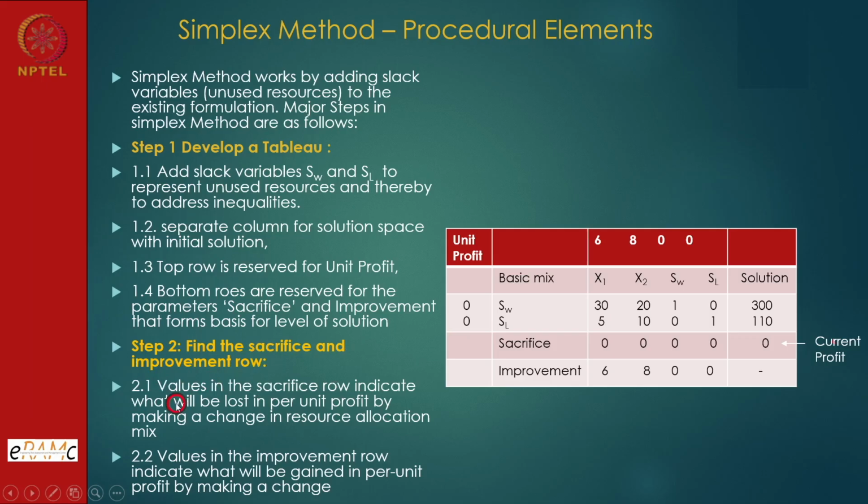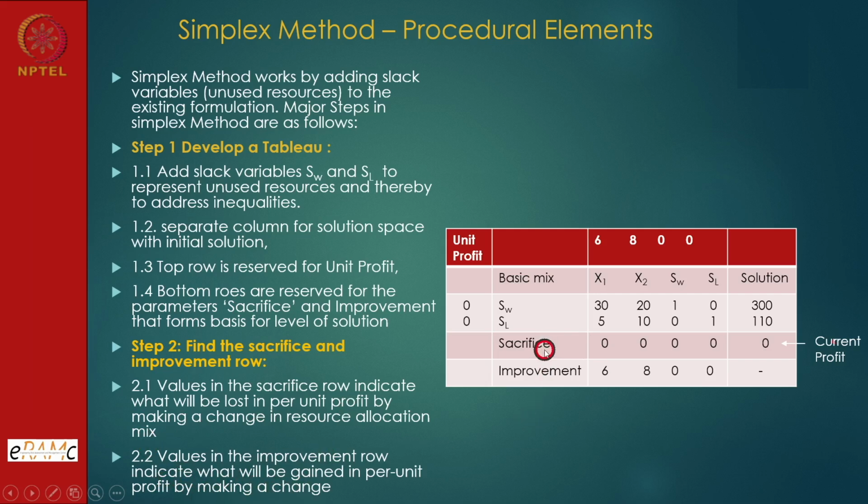How to find out? The value in the sacrifice row indicates what will be lost in per unit profit by making a change in resource allocation. And the value in the improvement row indicates what will be gained.